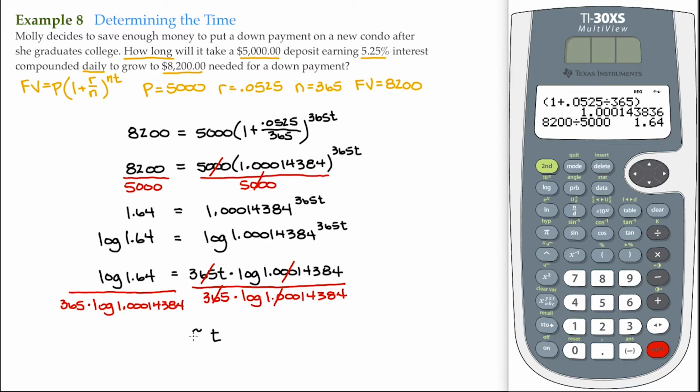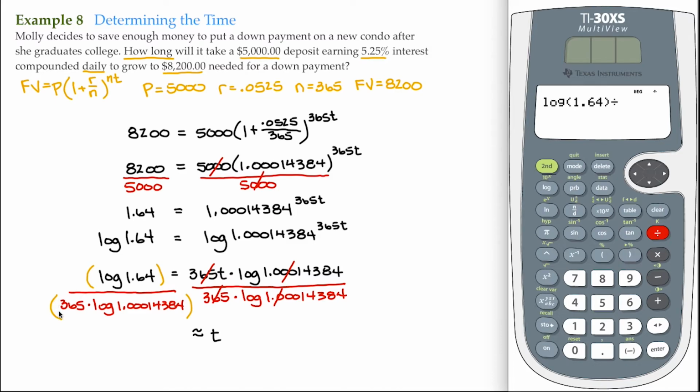So t is going to be approximately, now we're going to type this into our calculator, except we have to be very careful. We want to make sure that we delineate between the top part, the numerator here, and the bottom part, our denominator. So I'm just going to type this in: log of 1.64. Here is my log key. Log 1.64. I'm going to close off that parenthesis for the logarithm. Divided.